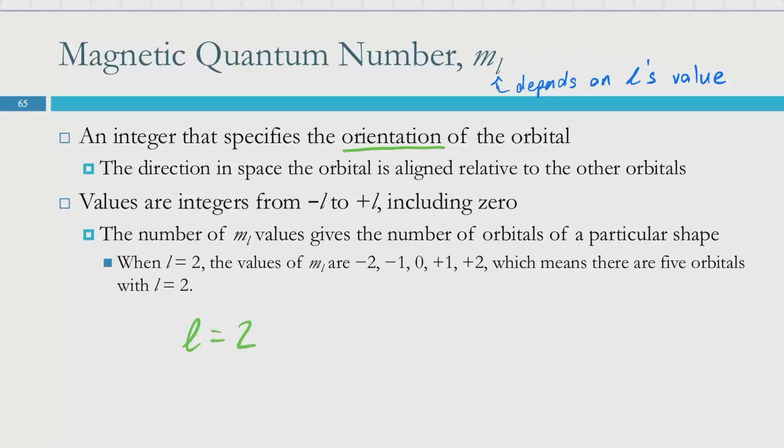So when L equals 2, m sub L goes from negative 2 to positive 2. When L equals 0, m sub L is just 0.